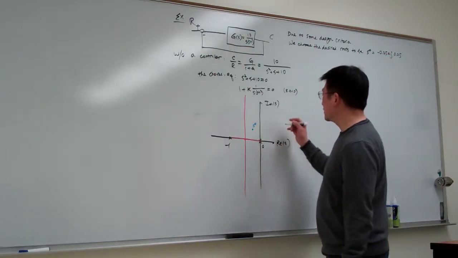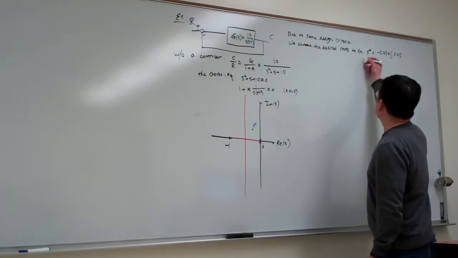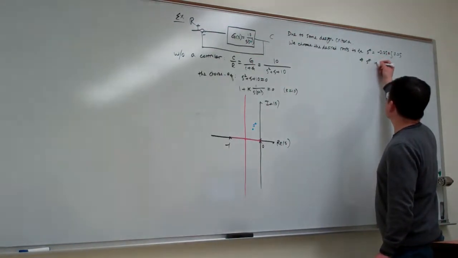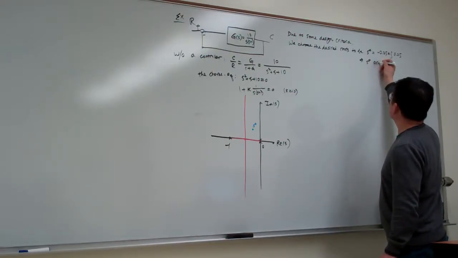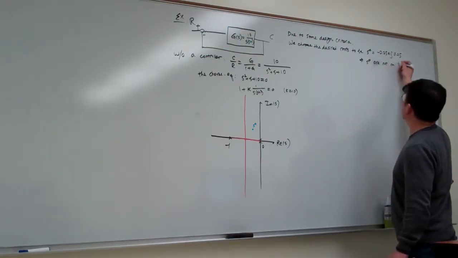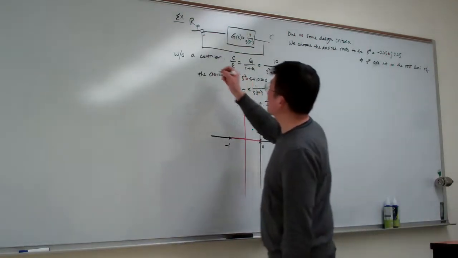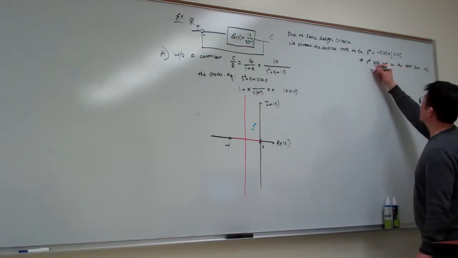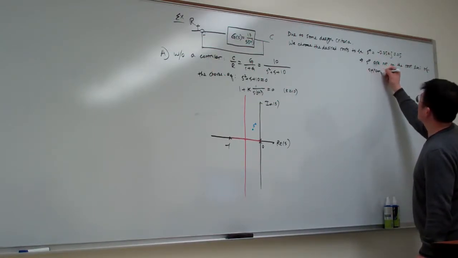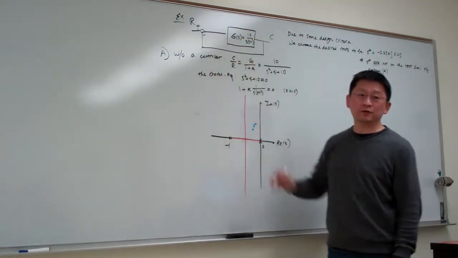Using this one, we can conclude that this point is not on the root locus of, let me call it, system A. System A is the unity feedback system without controllers.